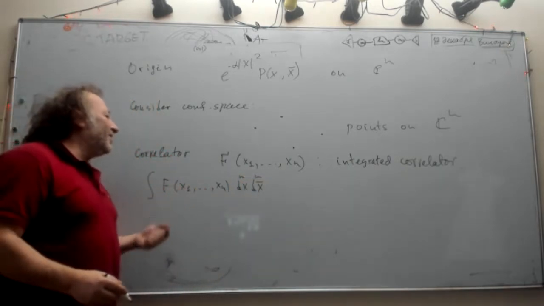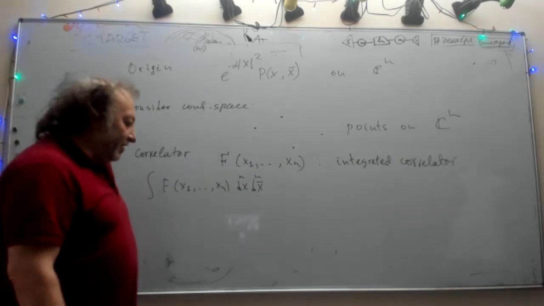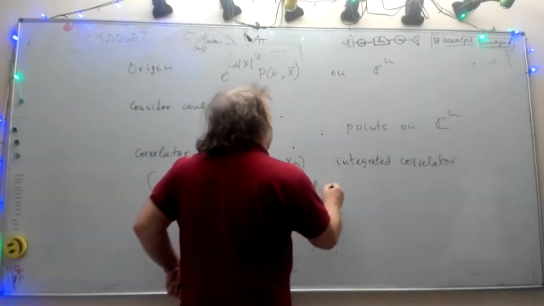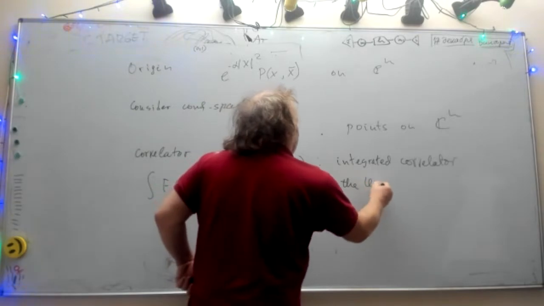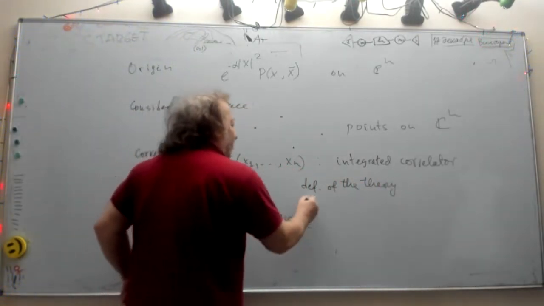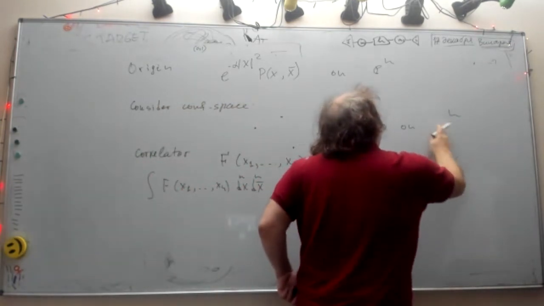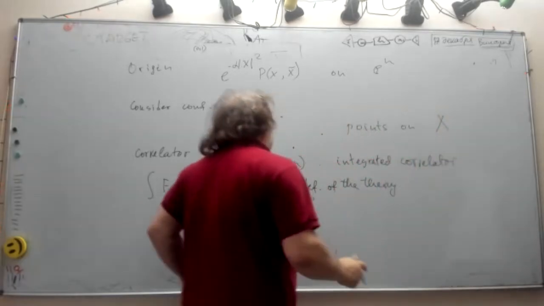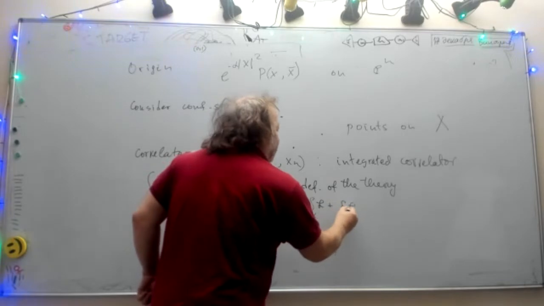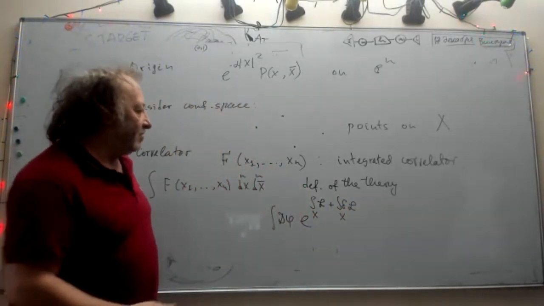So when are we doing this? When are we integrating something? This happens if we study the deformation of the theory. So we have something like a functional integral over, okay, points on X, not C^n, points on X. Here we have the Lagrangian plus perturbation. So it is the basic story of the functional integral.